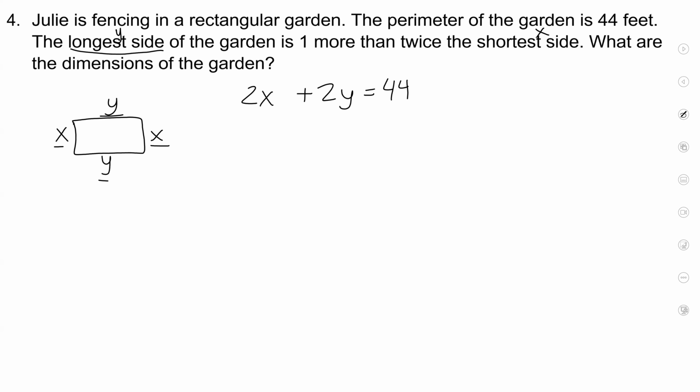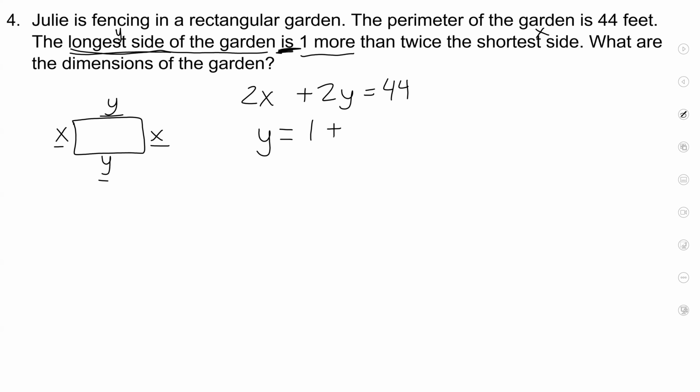Okay, just go through the sentence with me. The longest side, y, of the garden is. What do you put when you see the word is? An equal sign. One more. What are you going to put? 1 and a plus. Because we're going to add 1 to whatever we're doing.